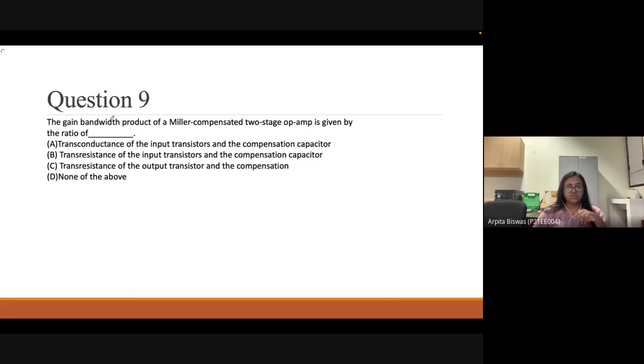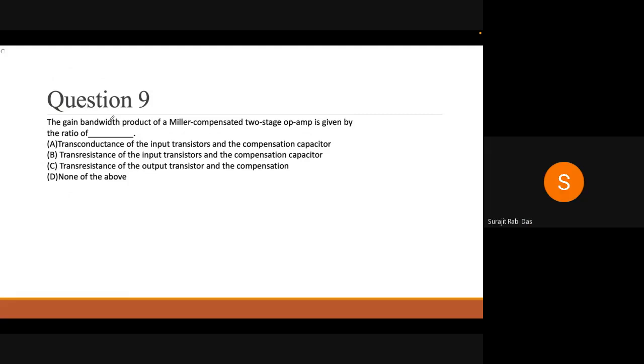The third option, transresistance of the output transistor and the compensation capacitor, and the fourth option is none of the above. Option A, transconductance by capacitor. Yes.